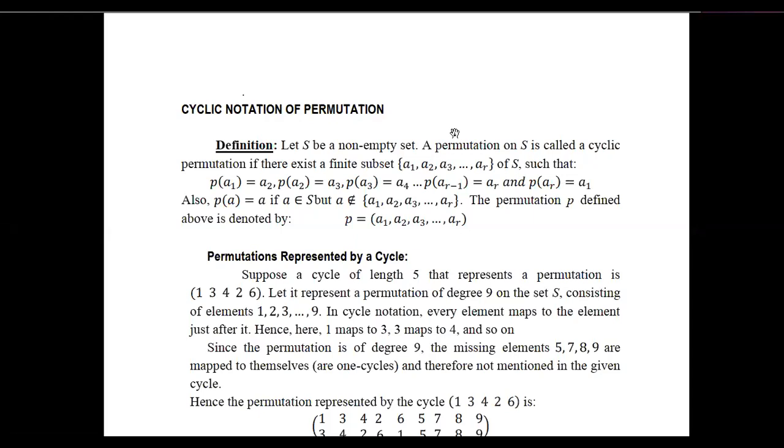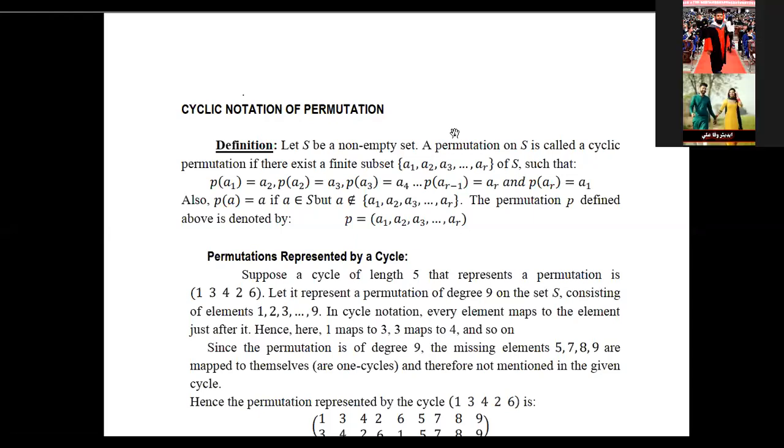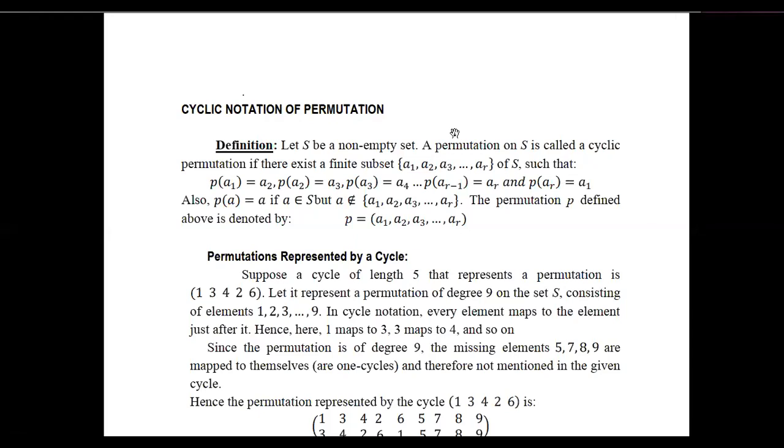And there must also exist some elements which are fixed, just like P of a equals a, and this a belongs to S but does not belong to the subset a1 to ar.